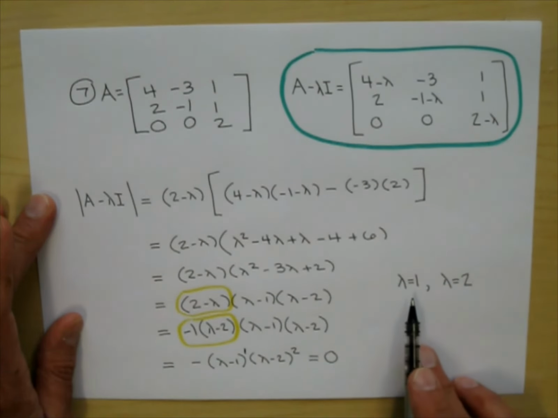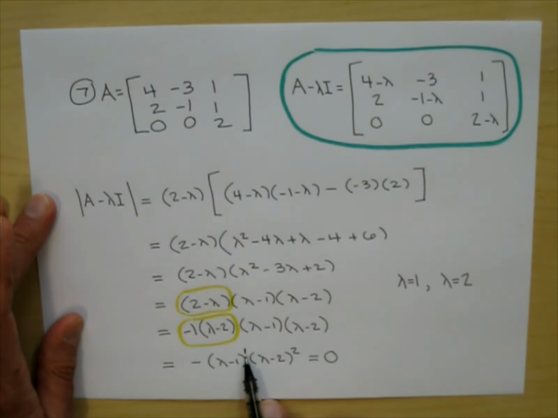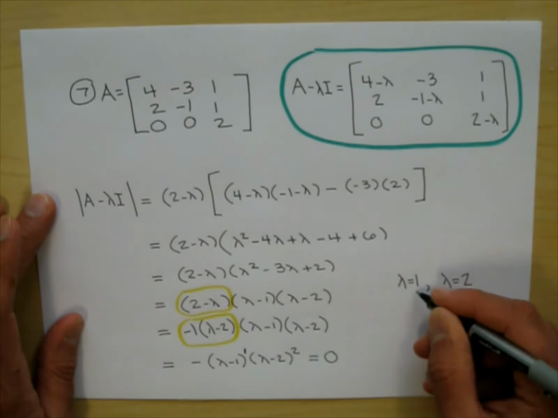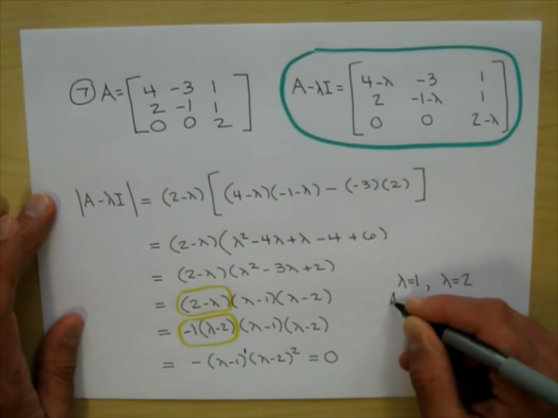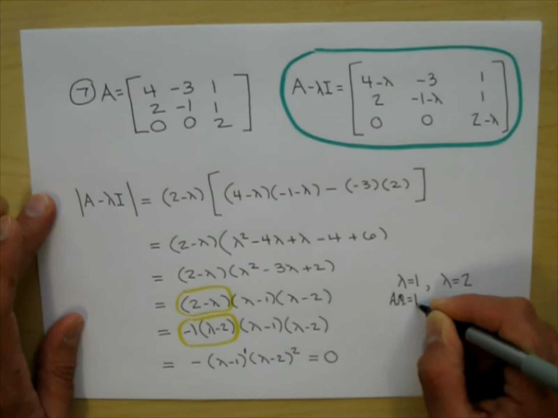Now, it's a coincidence that this one is 1 and this one is 2. This one could have been 3 and this one could have been 5. If there's a 1 up there, that's algebraic multiplicity 1, and then this is multiplicity 2. Well, now there's going to be 2 kinds of multiplicities. So we refer to this one as, for lambda 1, it has an algebraic multiplicity of 1.